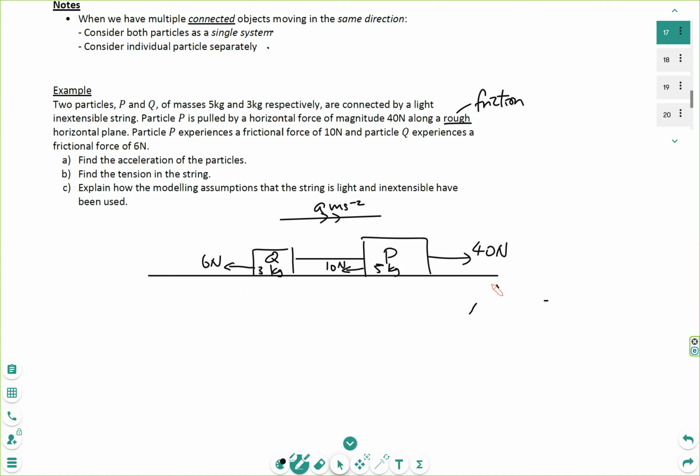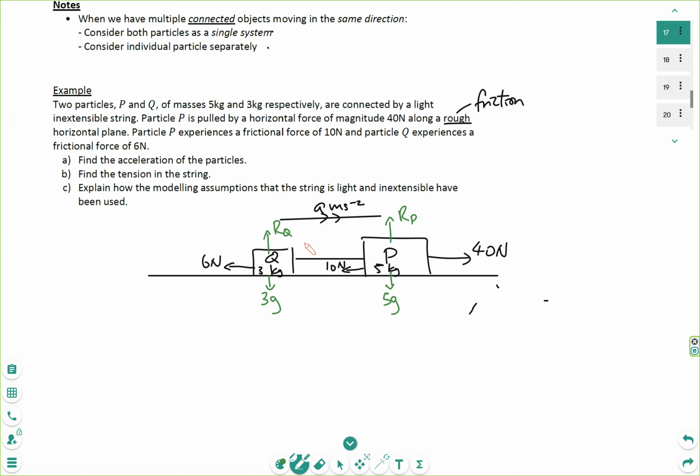Now let's put in some forces. A particle on the plane will have two forces: a reaction and the weight. Because these two reactions are different, I'm going to call them RP and RQ, and then we also have the weights 5g and 3g. To be honest, these forces are not going to matter in this question, because the acceleration is horizontal.